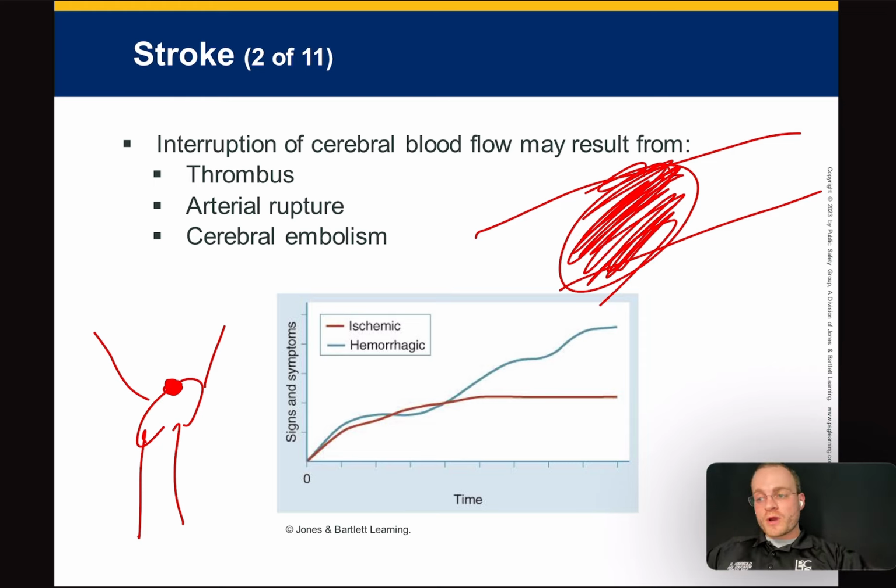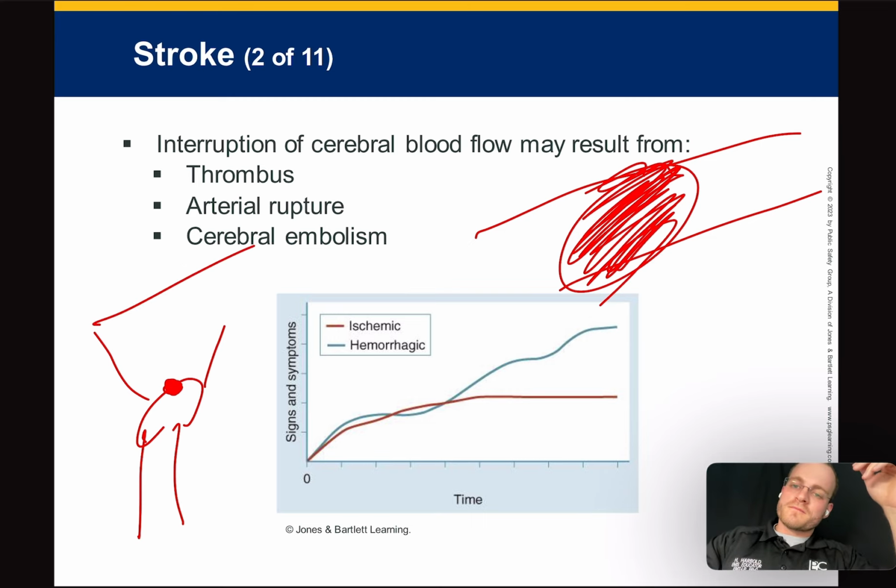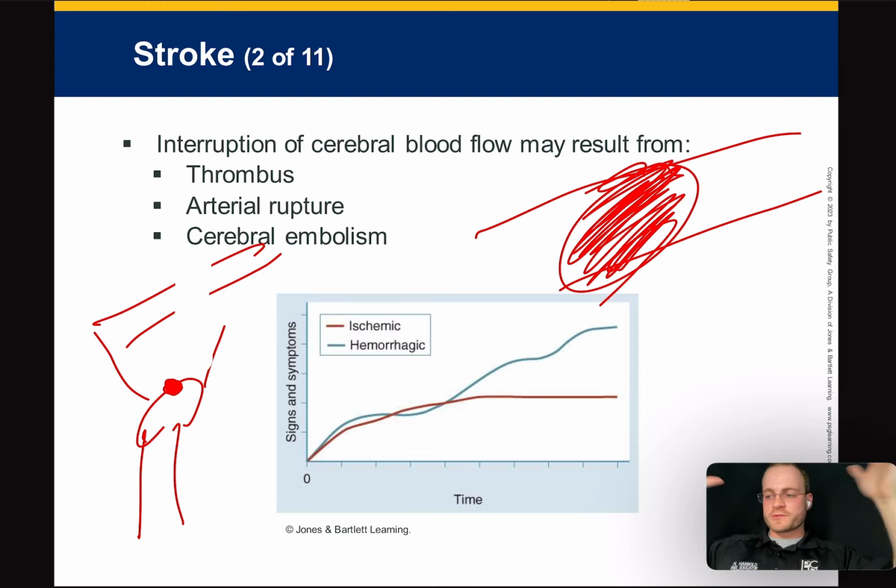And when these do rupture, they bleed. And when they bleed in the confined space of the brain, you present with neurological symptoms, right? So arterial rupture, or I just described an aneurysm rupture. That's one way this can happen. And an aneurysm is part of an artery. The other way this can happen too is a vessel could just straight up rupture. And if it ruptures, of course, it's going to bleed.